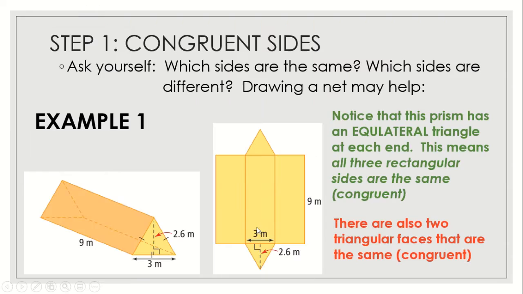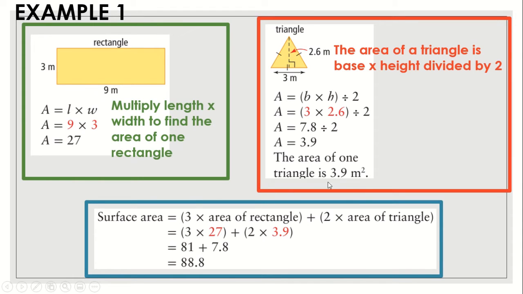And for the triangles, there were 2 of them, 1 on each end. So we need to take that 3.9 meters and multiply it by 2. You wind up with 81 meters squared plus 7.8 meters squared, and the answer is 88.8 meters squared.